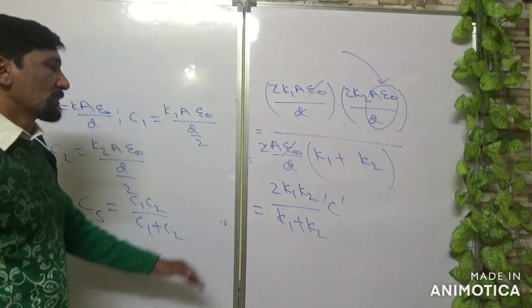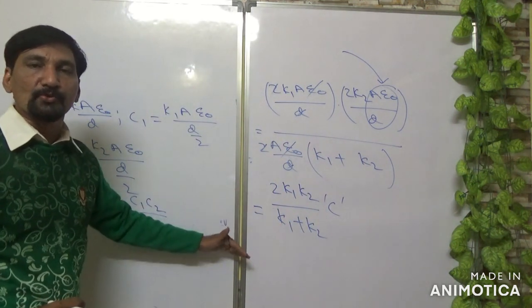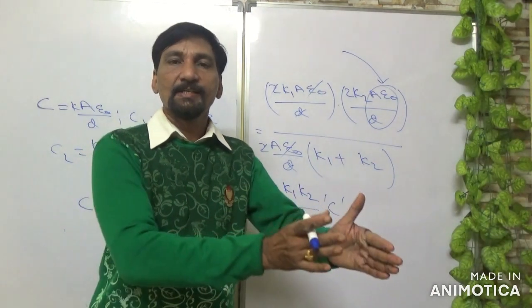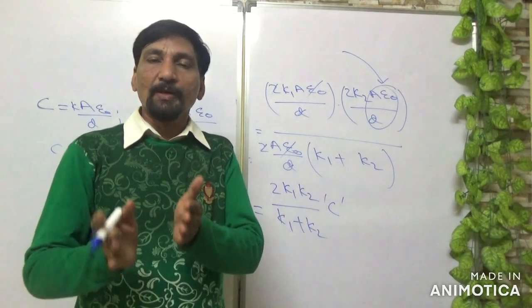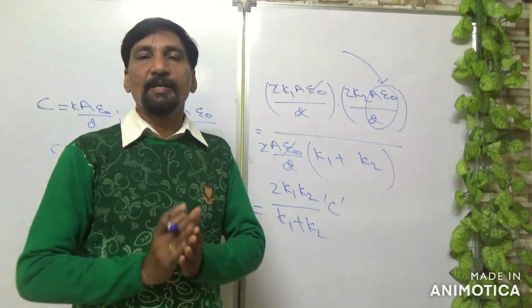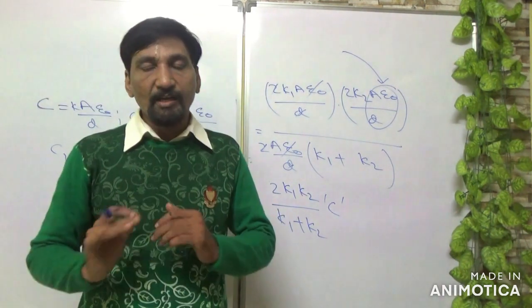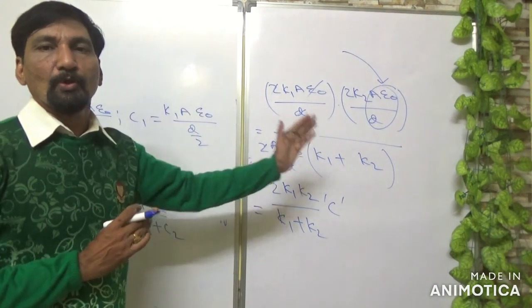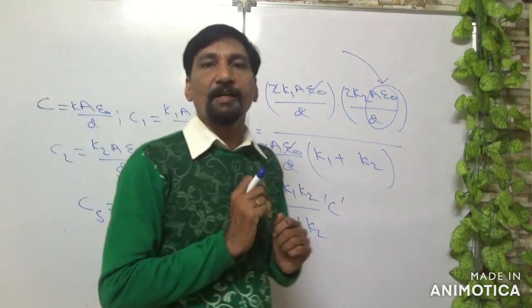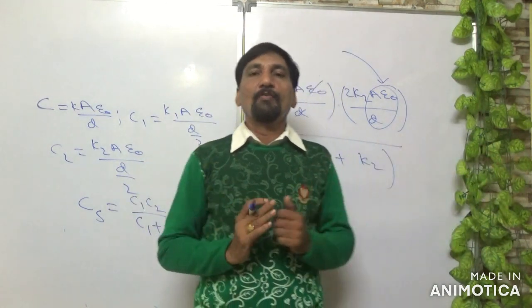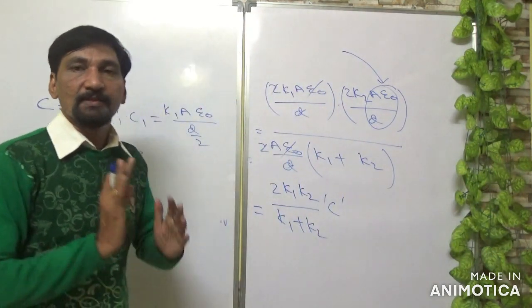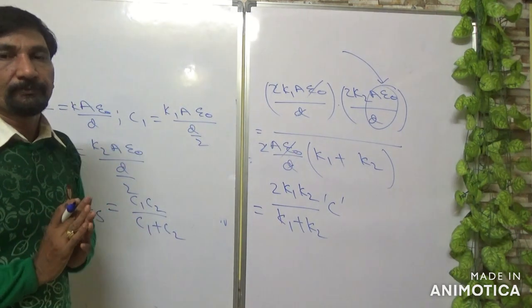So this is the formula we use when you place two dielectrics side by side: distance divided, one upon another, area divided. If you remember these two, you can easily solve the problems. One more important point: whenever two joints of capacitors are the same, it is parallel. When only one joint is the same, it is series.